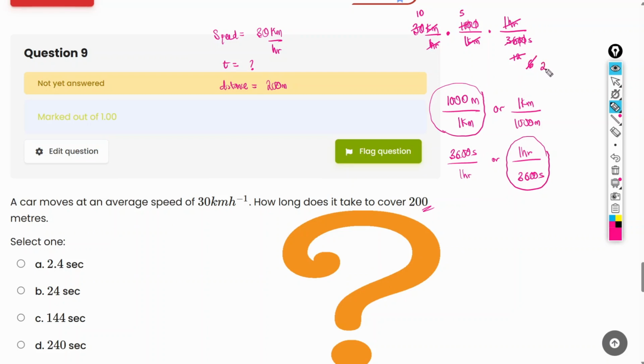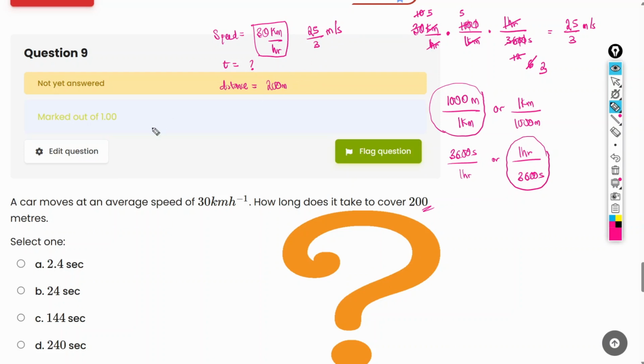Here I would have 3 rather, dividing by 2, and here I would have 5, I believe. So I'm getting 25 over 3. So that's 25 over 3 in meters per second. All right, so my speed can be written as 25 over 3 in meters per second.